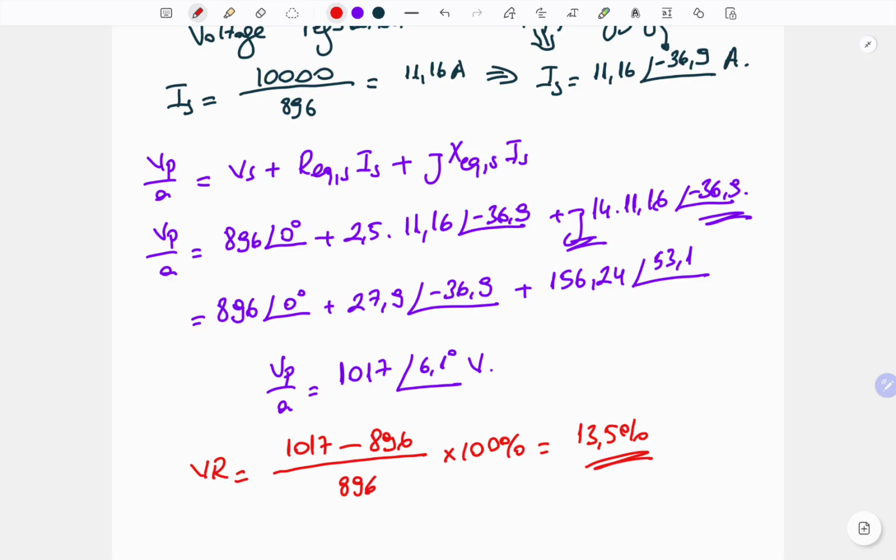So for the AC systems, it is easy to represent the voltage regulation issue with the phasor diagram. So let's try to draw a phasor diagram according to our calculations. And we will start with the Vp over A expression. So we will try to obtain these parameters with the arrows.